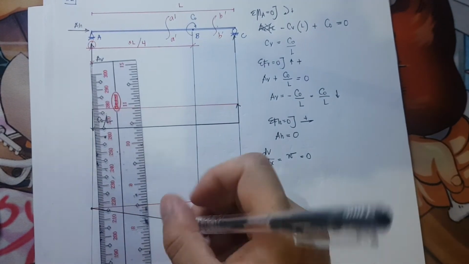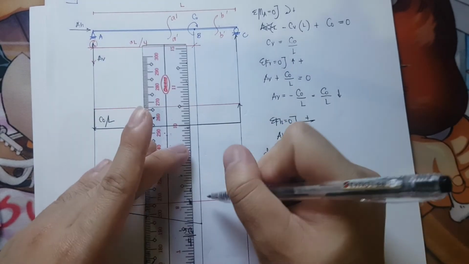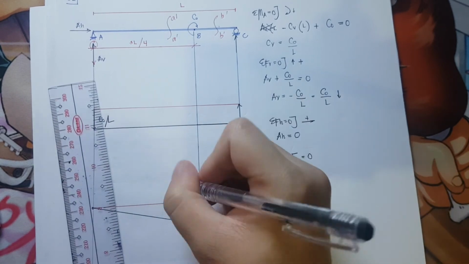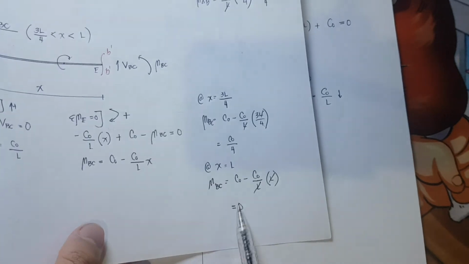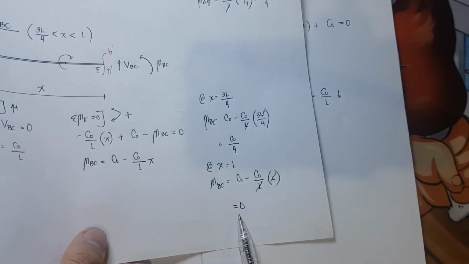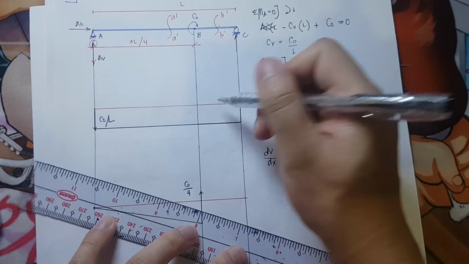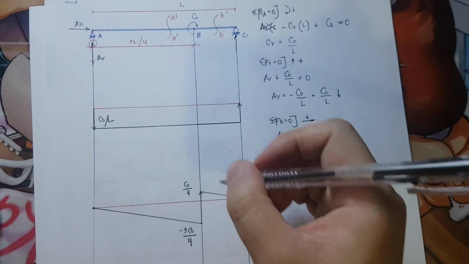So from negative 3 C of naught over 4, it will go up to positive C of naught over 4. Then at a distance L, MBC is equivalent to 0. So 0 degree, then therefore the next diagram would be a first degree.